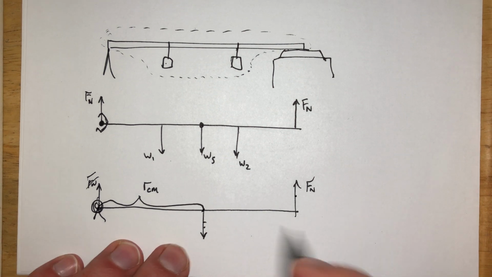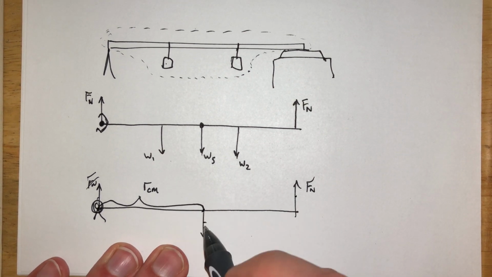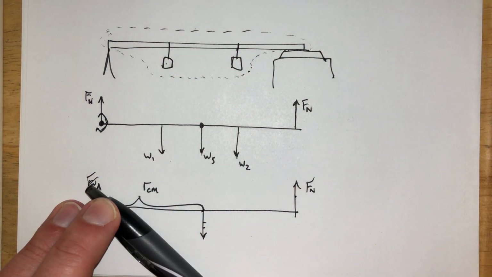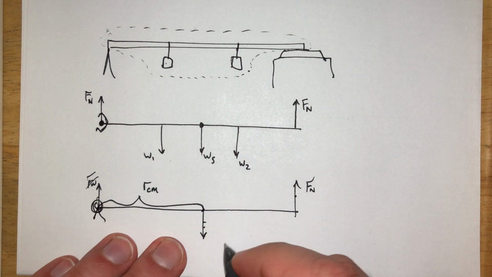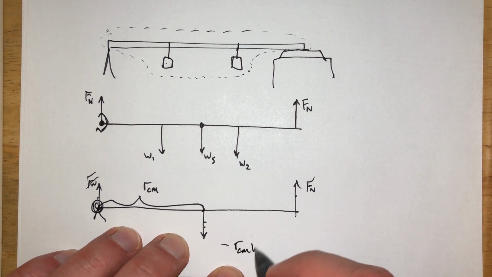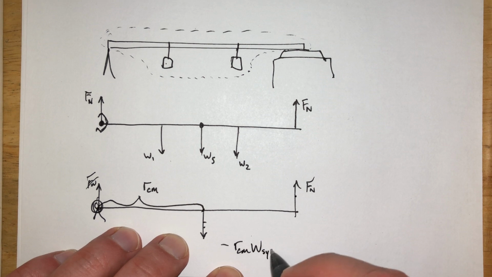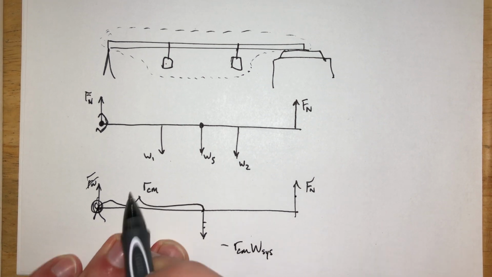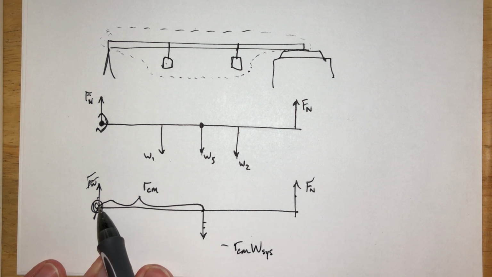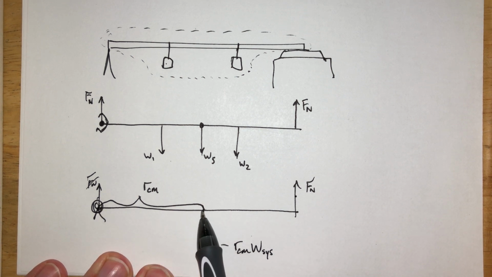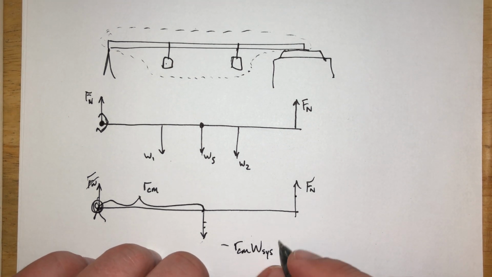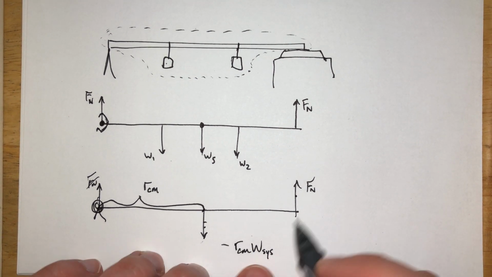So the weight tends to make us go clockwise. So we'll say negative r_CM times W_system. If the meter stick is level, then this is a horizontal vector and weight is vertical. So then we're talking about the sine of 90 degrees, and sine of 90 is 1.